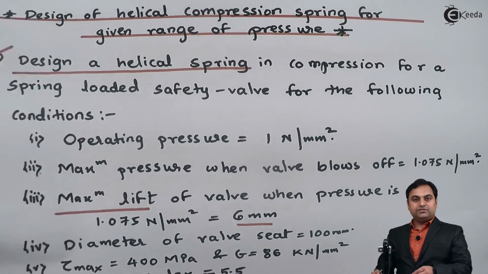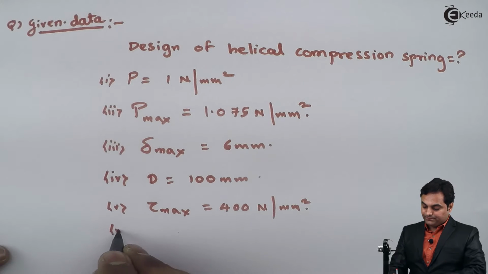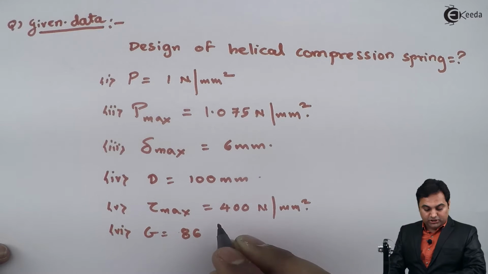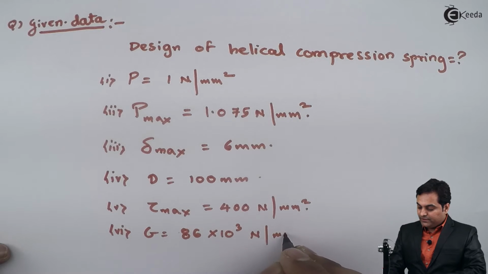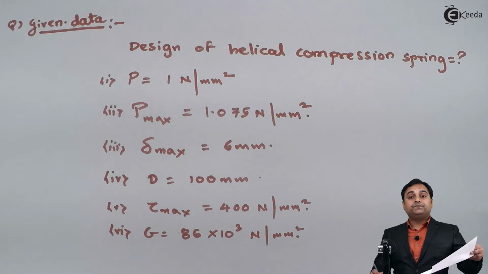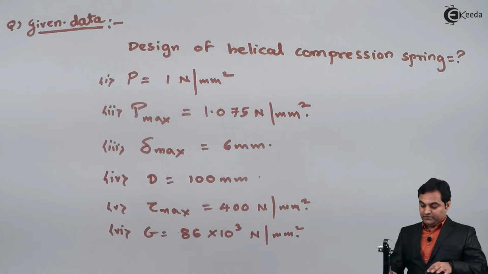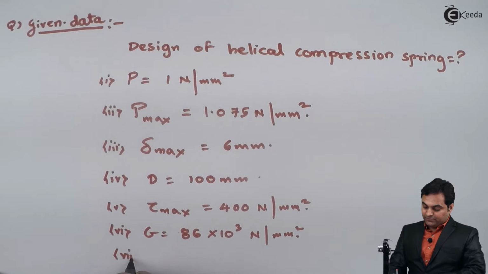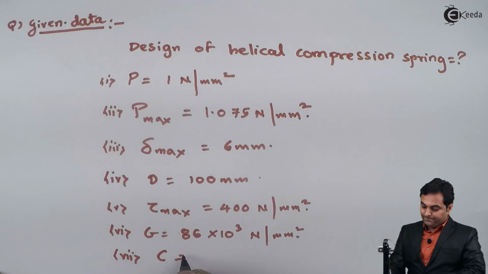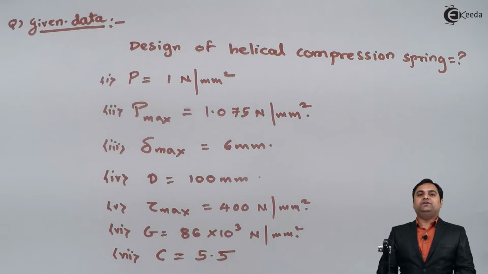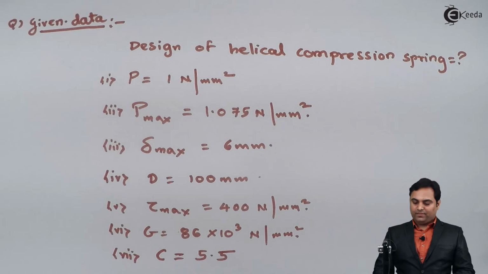Capital G, modulus of rigidity is given 86 kilonewton. So I'll convert it, it is 86 into 10 raised to 3 Newton per mm square. At last, spring index, that is 5.5. Spring index is denoted by C. Now for these data given, let us try to get the solution for this problem.